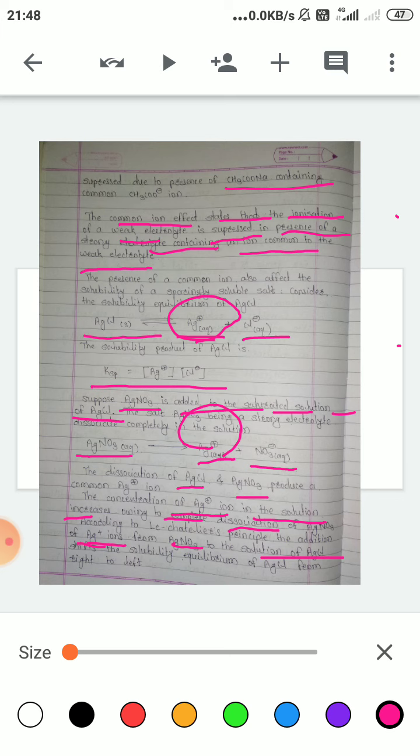As Ag plus is common to both, if we add silver nitrate solution to silver chloride, the concentration of Ag plus increases, the reaction shifts from right to left, and therefore the dissociation of AgCl is suppressed.